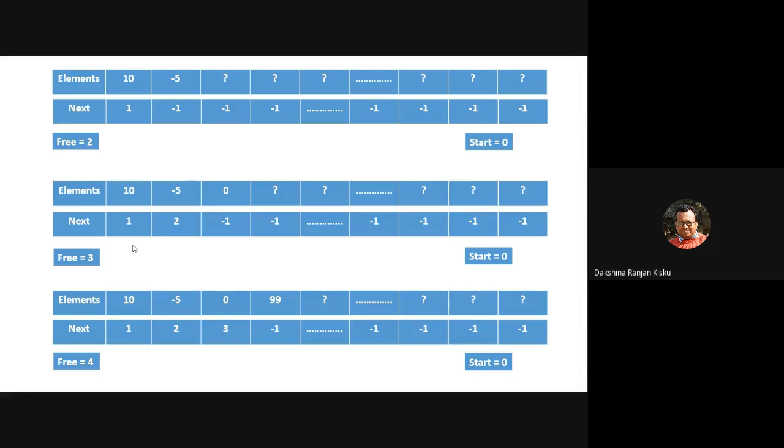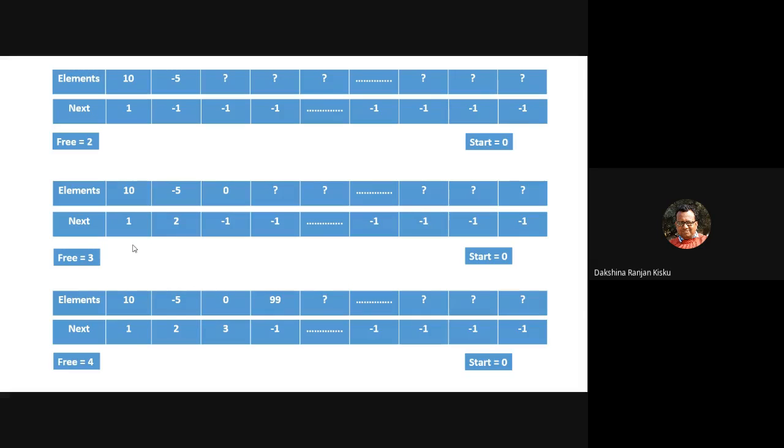And then we are storing the 0 element from the list L in the second index position in the elements array. Accordingly the values at the zeroth index and first index will be changed in the next array. So we have assigned 1 at the zeroth index position, 2 at the first index position, and -1 at the second index position in the next array.